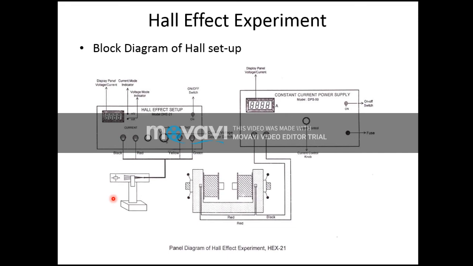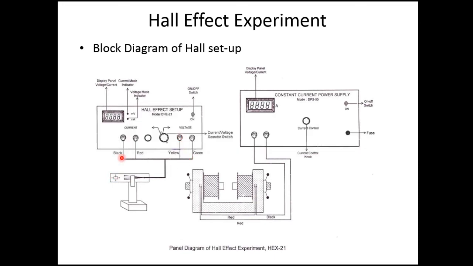Okay, so this Hall voltage will be measured by this Hall effect setup. So Hall voltage will be measured across these two knobs, as we have discussed already in theory part.